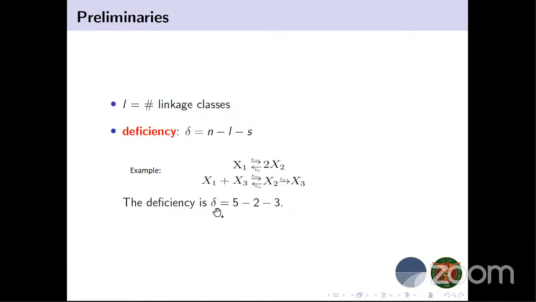The deficiency is 0. N, the number of complexes, is 5. For linkage classes, there are 2 connected components. And for S, we have computed earlier that the rank of the network in this example is 3. So the deficiency delta is of course 0.